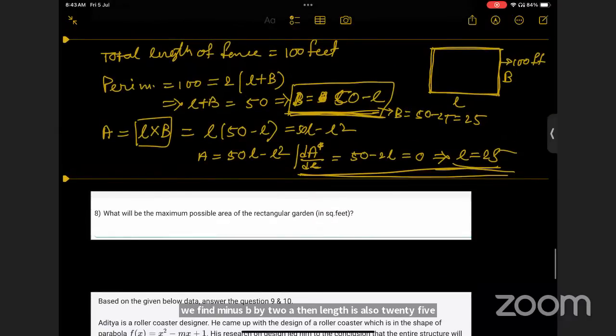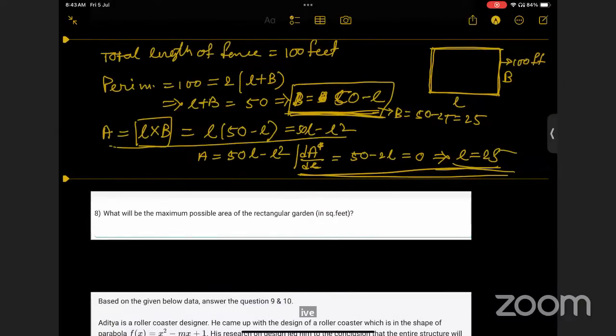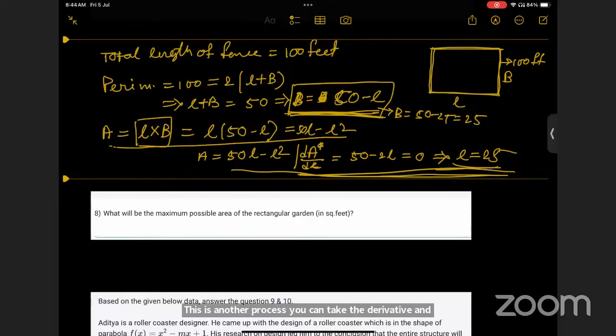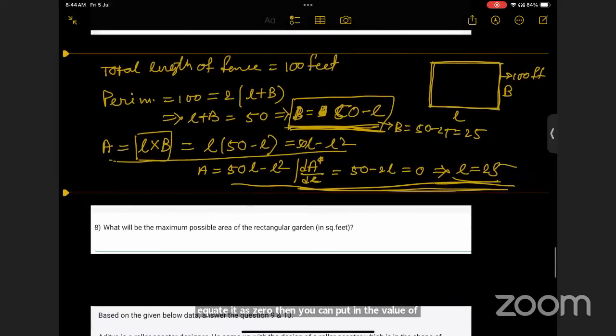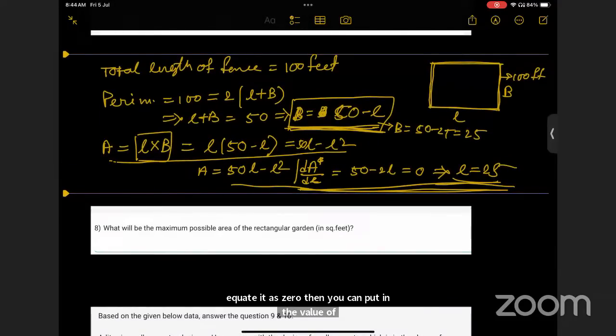That you can also do, if you consider this as an equation of a parabola. This is another process. You can take the derivative and equate it to 0. Then you can find the value of L. So these are two processes. So it's fine now. Okay.